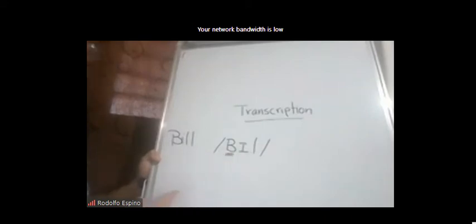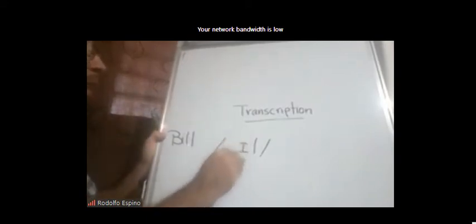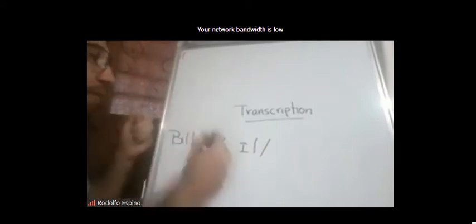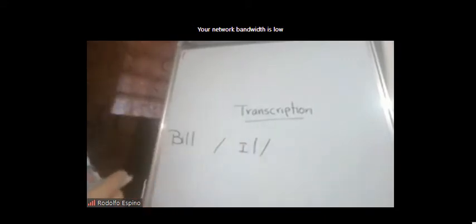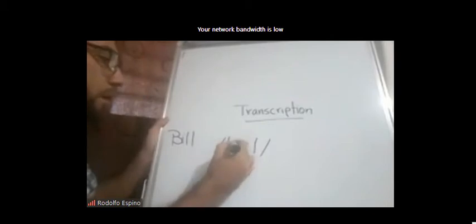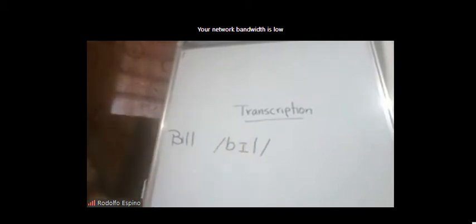This is wrong. You should not include any capital letter. It should always be in lowercase, even if it is a proper name, or an abbreviation or something like that. You will still transcribe it like this. So Bill, that is the transcription of the name.